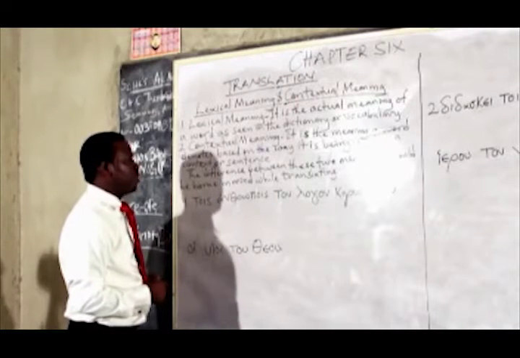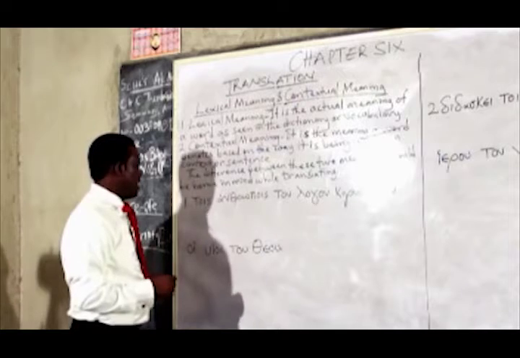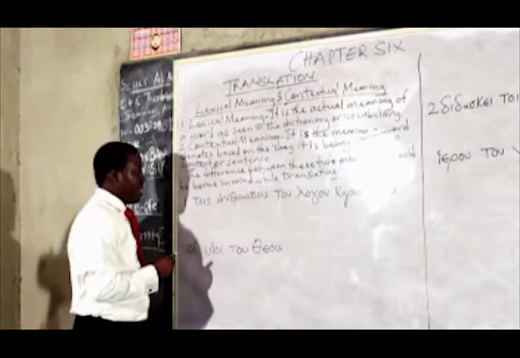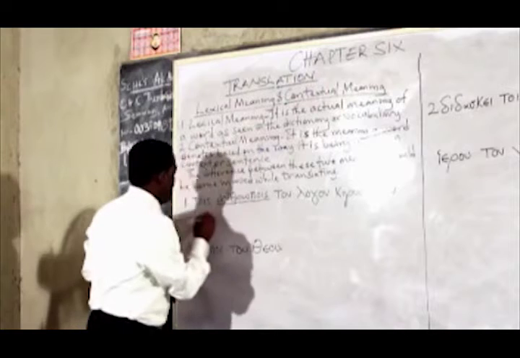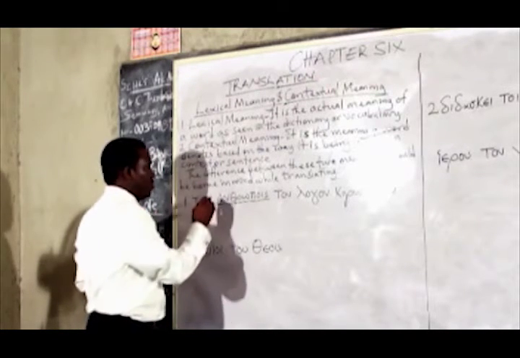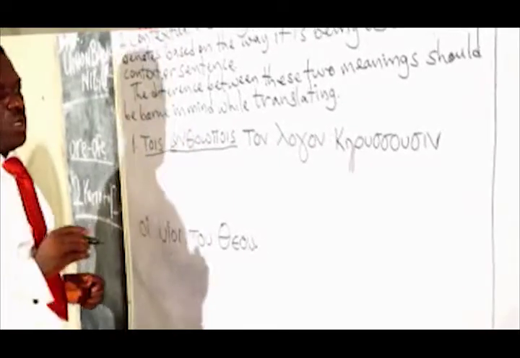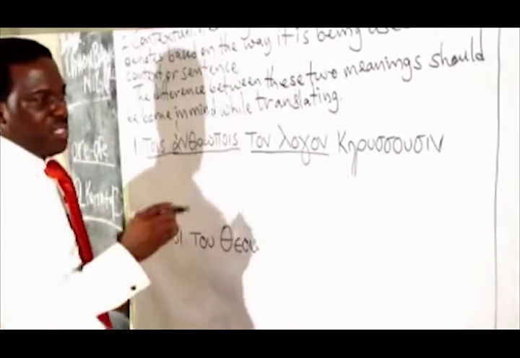The first thing you need to do is to identify the nouns. Here we have anthropois, which is a noun. The first noun, that is 1. We have ton logon with the article.